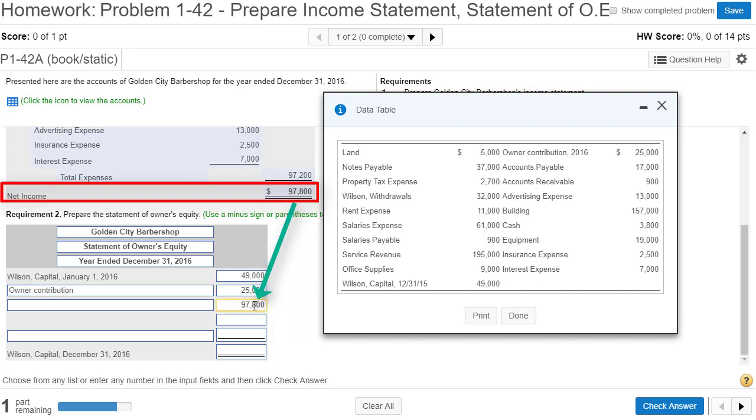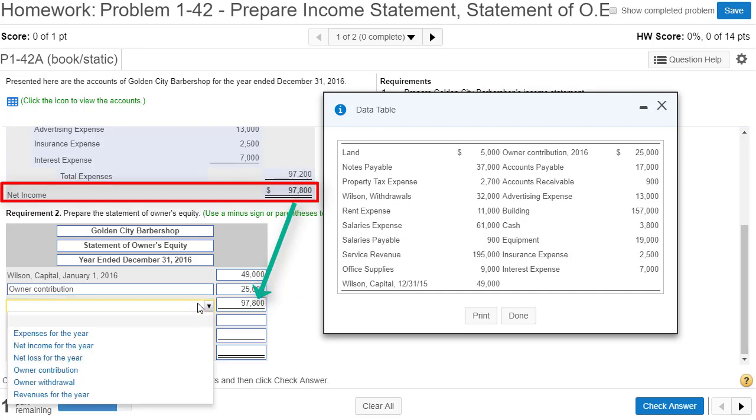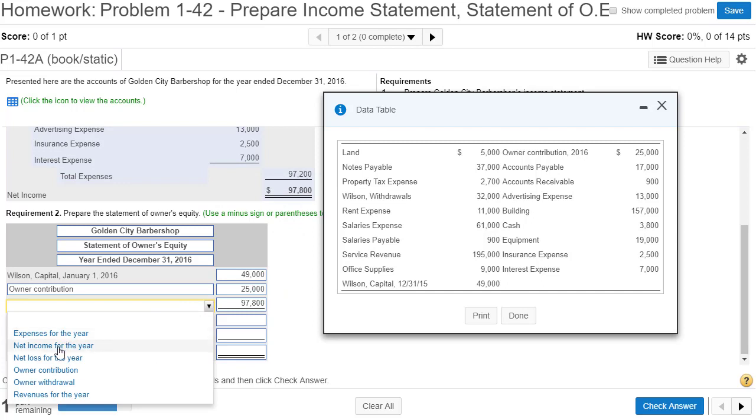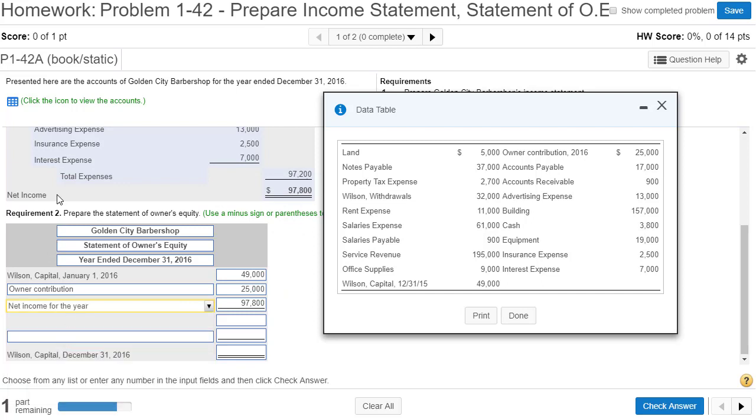Again, you do not have to copy and paste like I'm doing, and you do not have to put in these commas if you do not want to. So that is a net income for the year, because that's what this says, net income, not a net loss. All right. Now notice over here, they've got a cell, but they don't have any label.